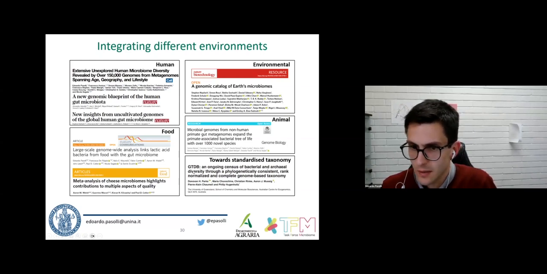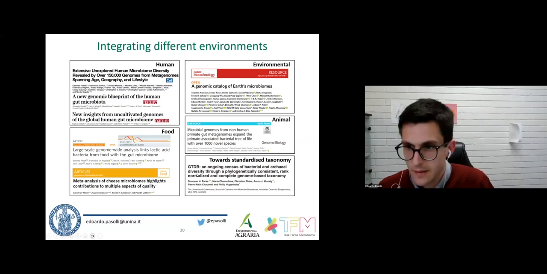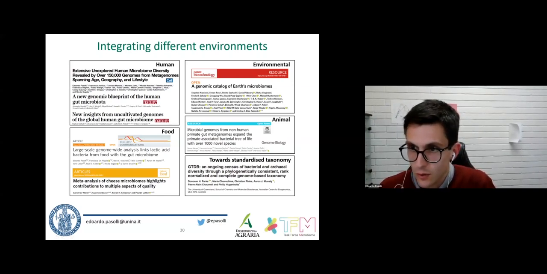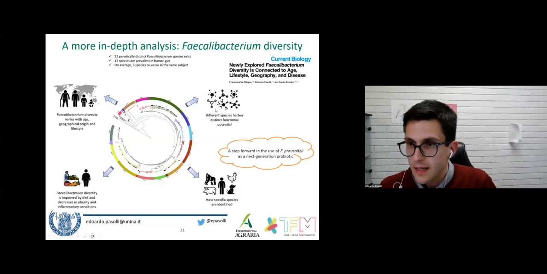For example, the GTDB is probably now the more standard approach going in this direction. This approach and this resource can also be used to perform more in-depth analysis for particular taxa, for a particular genus or species of interest.